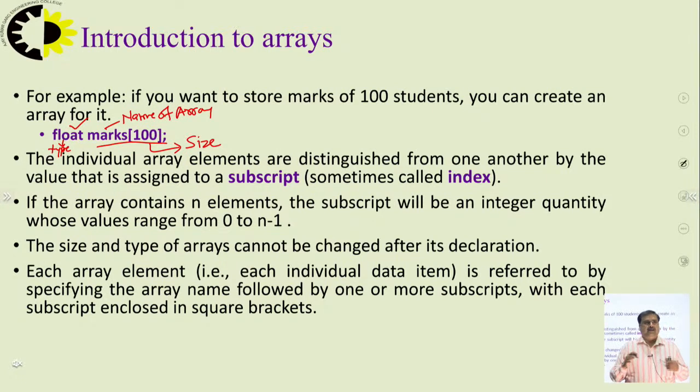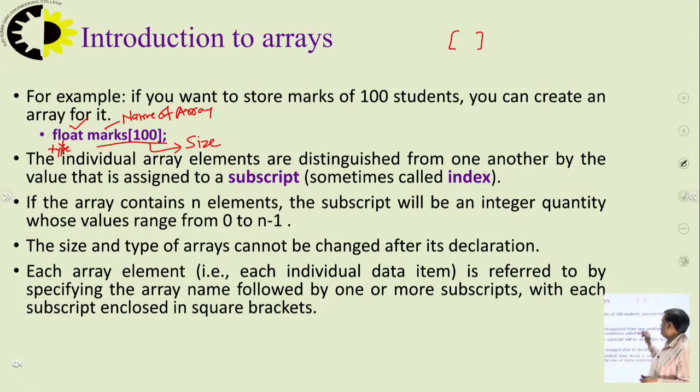Individual array elements are distinguished from one another by the value that is assigned to a subscript. The subscript operator is this. So, we put a subscript inside this operator just to uniquely identify one element.